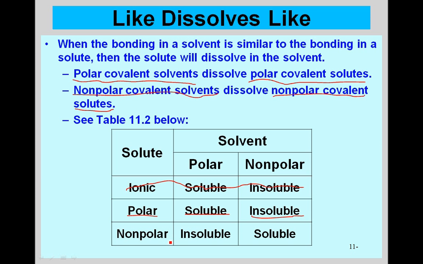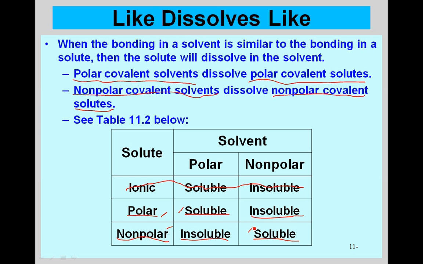For nonpolar, if the solvent is polar, the nonpolar solute will not dissolve in it, but if the solvent is nonpolar, it will dissolve. So again, like dissolves like. Polar dissolves in polar, and nonpolar dissolves in nonpolar. Just keep those things in mind.